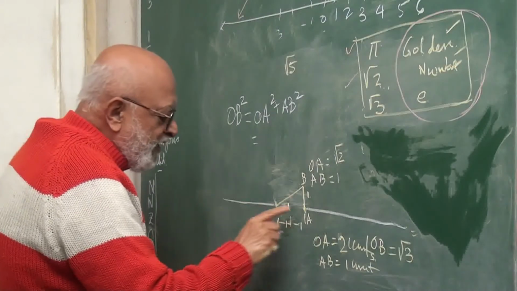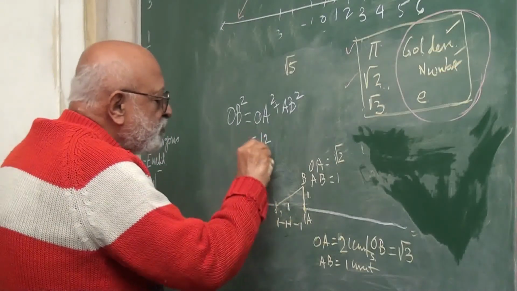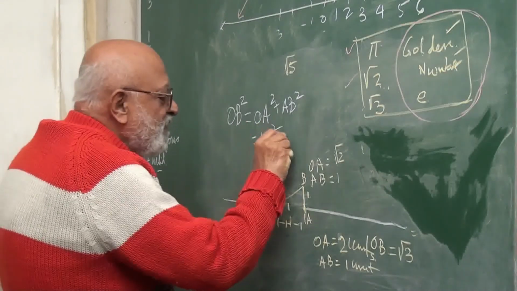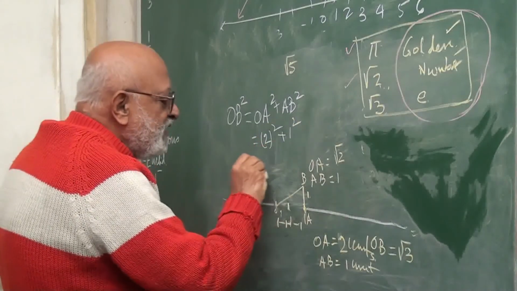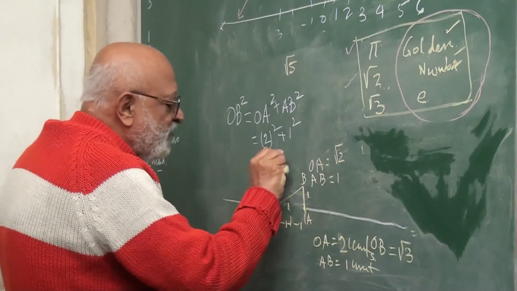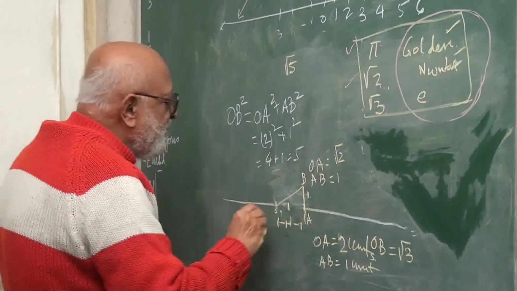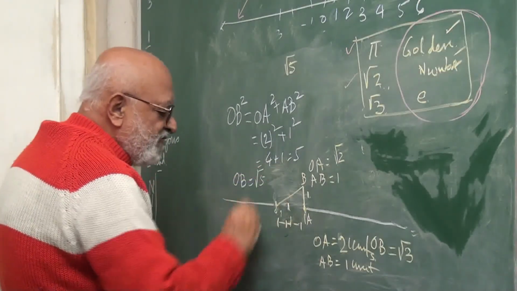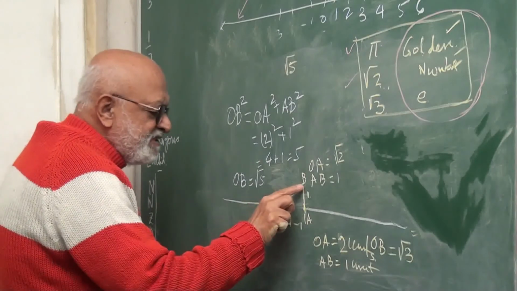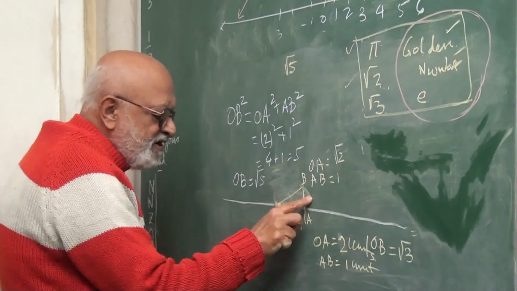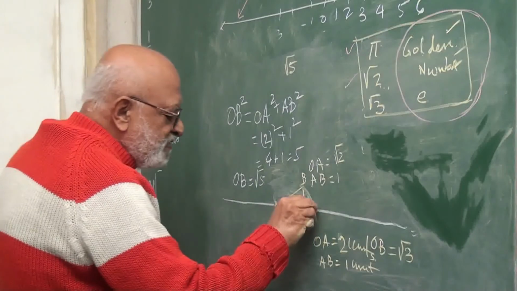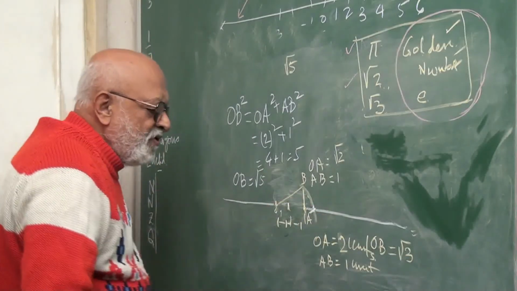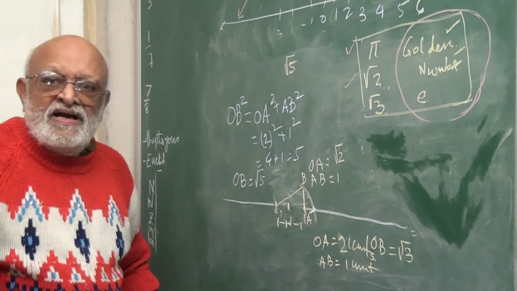OA is 2, so 2 square. AB is equal to 1 square. That is 4 plus 1, equal to 5. So OB is equal to root 5. So take this length, draw it and bring it here. So you get the other point, which is root 5.